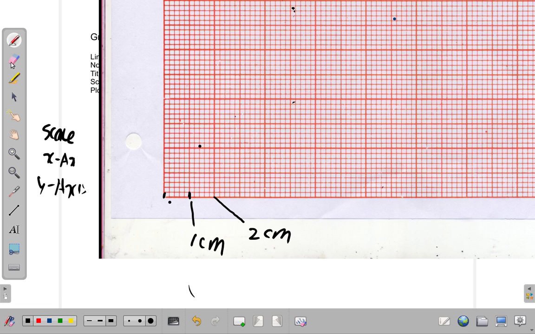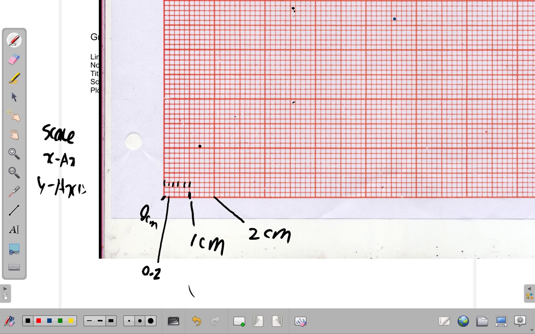Now, this here is 0. Between 0 and 1, you have 1, 2, 3, 4, 5 thinner lines. Each of these divisions is 1/5 of a centimeter, which is the same as 0.2 centimeters.